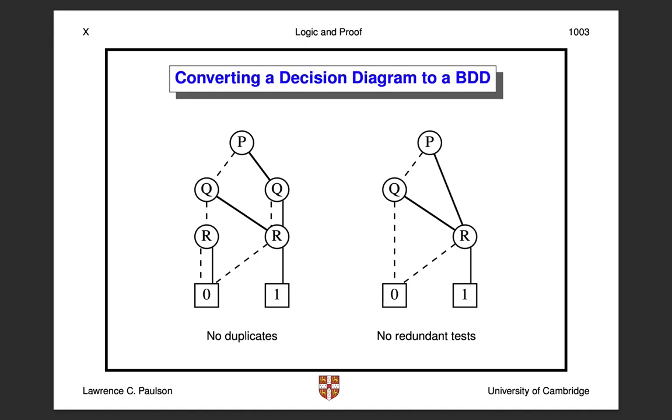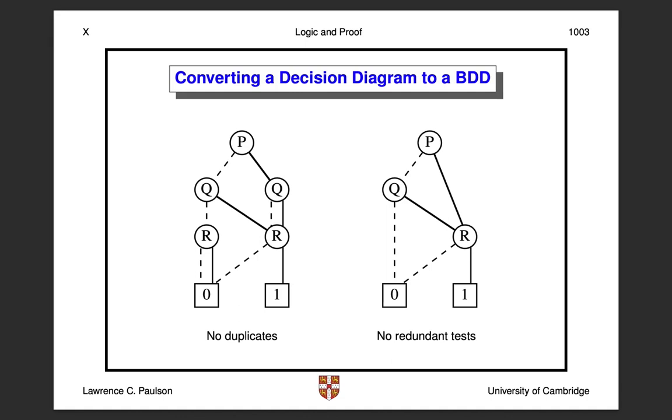So you will say, it's trivial, right? All we have to do is make the full binary tree and then collapse it down, and we've got a BDD. The problem is, if you want to do this for 100 variables, which was already possible in 1986, you would need to start with a binary tree that had 2 to the 100 nodes in it, which is a lot of nodes.